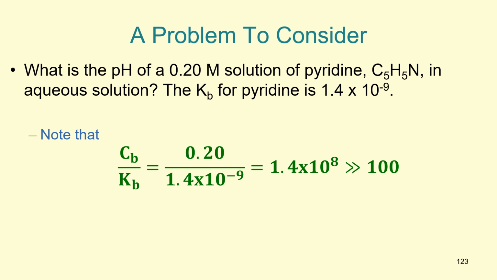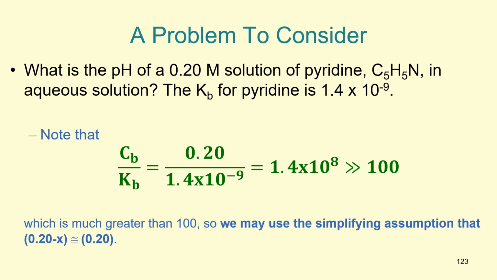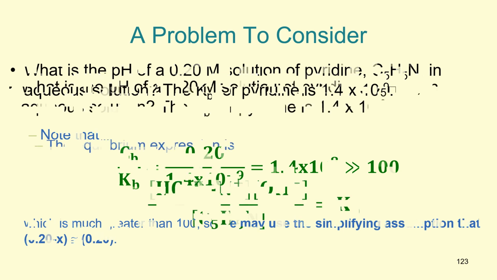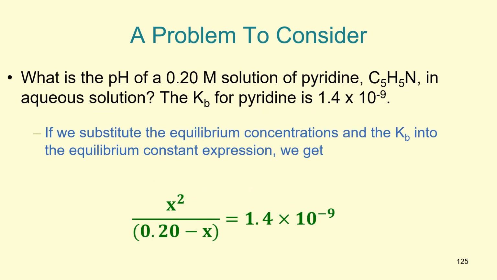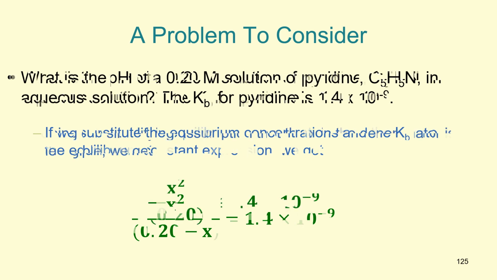So if Cb over Kb is greater than 100, then again we can lose the minus X in the denominator. Or in other words, in this case, X is much smaller than 0.2, so it's negligible when subtracting. So if we plug those values in, we get X squared over 0.2 minus X, but because Cb over Kb is greater than 100, ignore it.